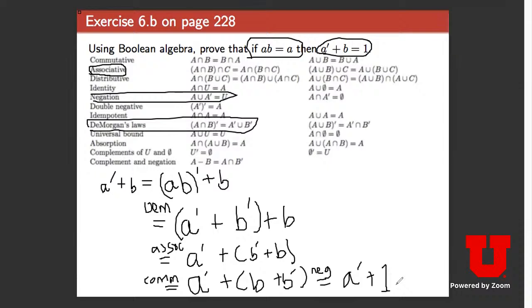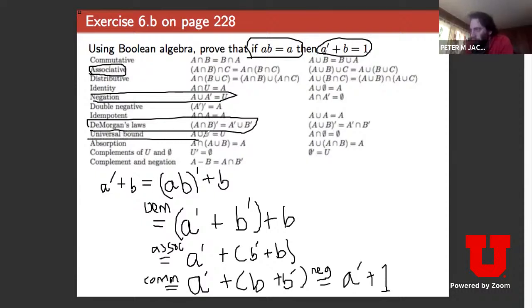Don't we want to use the identity? Because isn't the 1 the universe set? Let's see. Oh, wait, no, not quite. Oh, here it is. It's the universal bound.